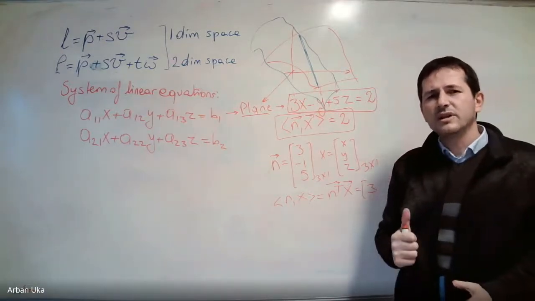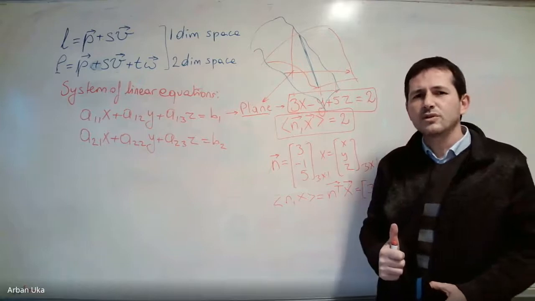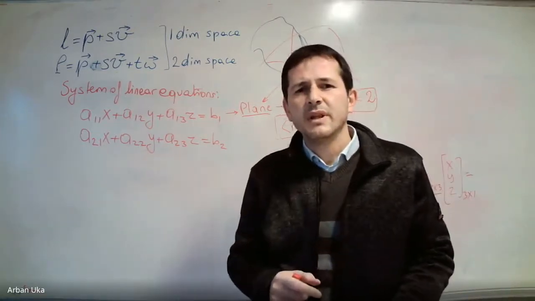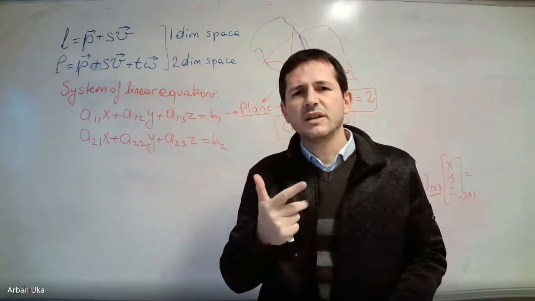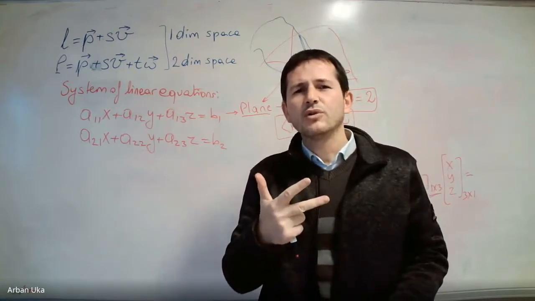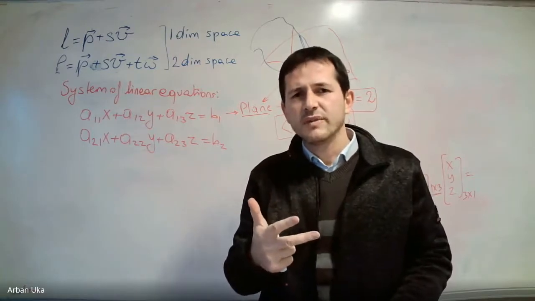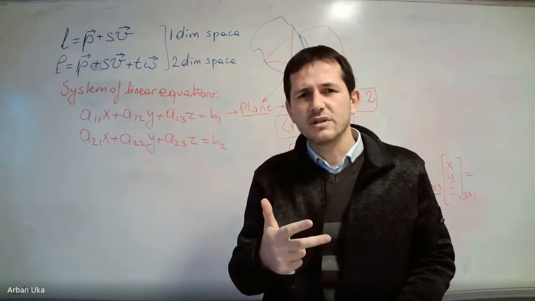And you are electronic engineering students. When you are in the second year, you are going to study Cartesian, cylindrical, and spherical coordinate systems, three different orthogonal coordinate systems.